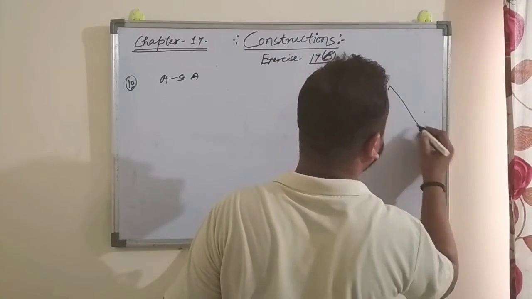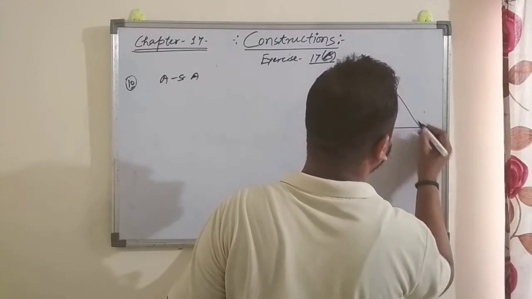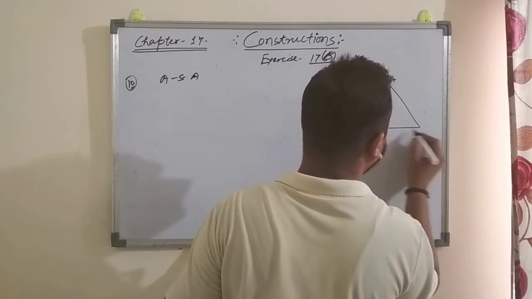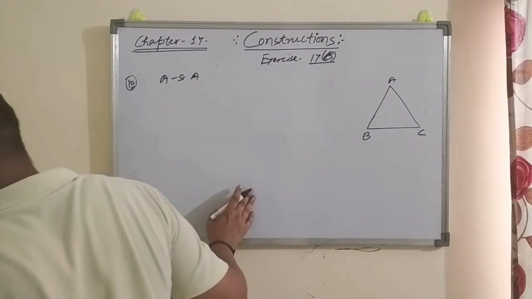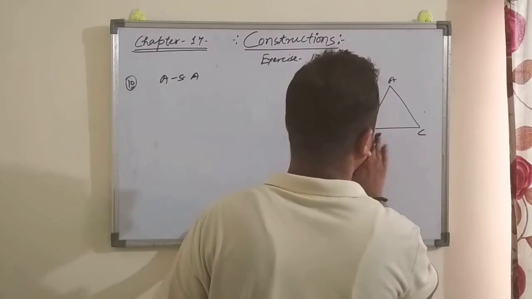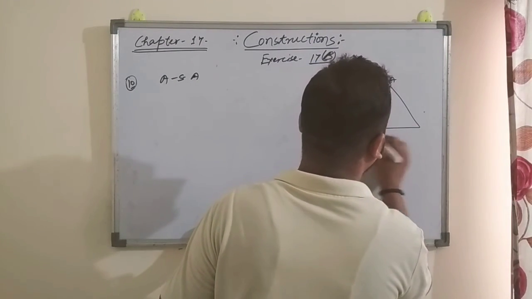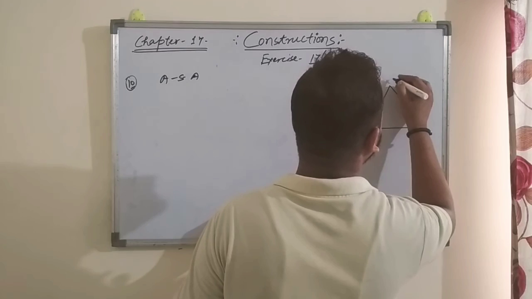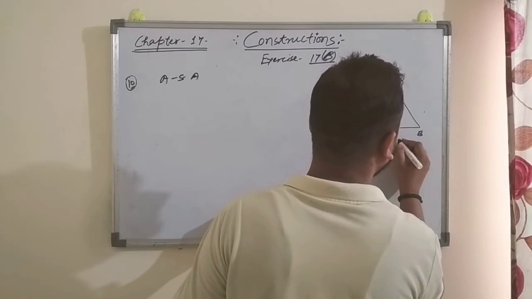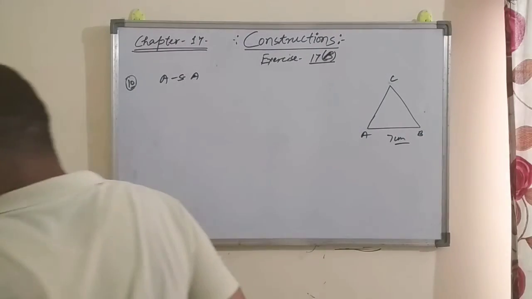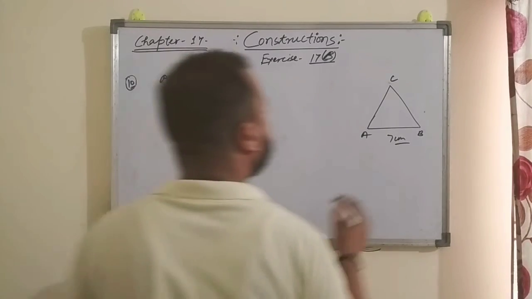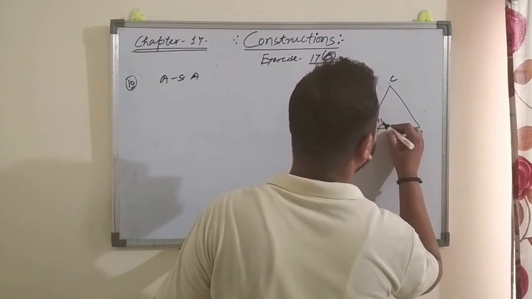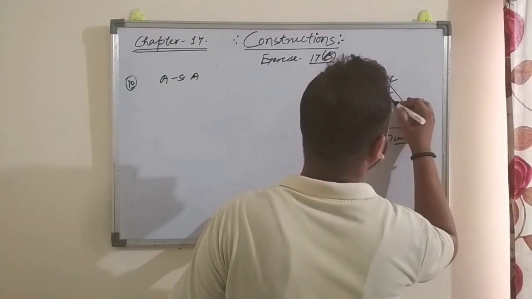Here A, B and C. AB is 7 centimeter. Angle A is given as 45 degrees, C is 75 degrees.